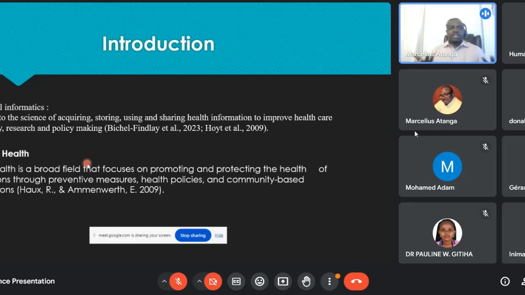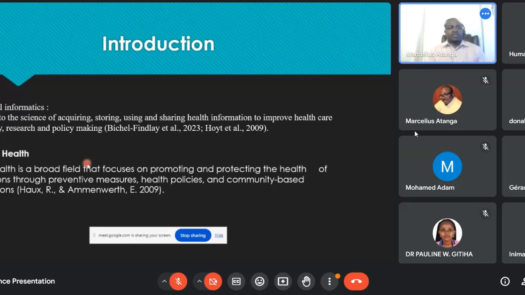You have epidemiology, which is more of the study of the distribution and determinants of disease within a population. Health promotion and education, as we know, programs and strategies that educate and empower individuals or communities to improve their health, is also marked as a very important determinant in the public health management framework.